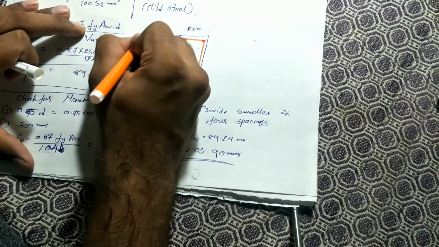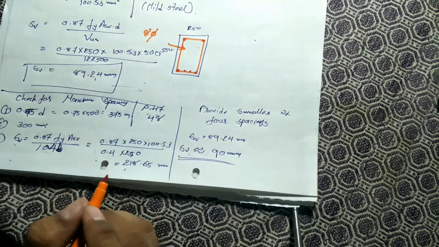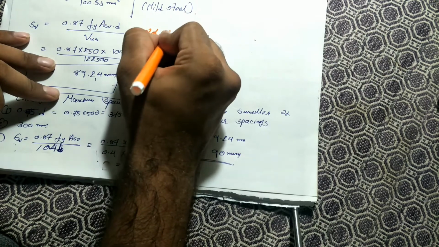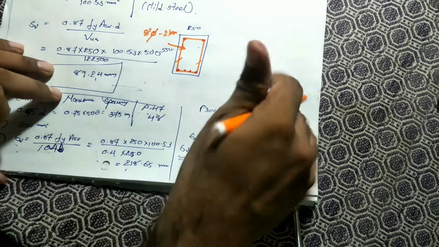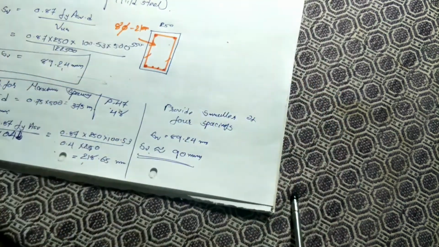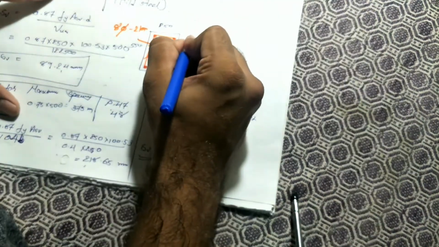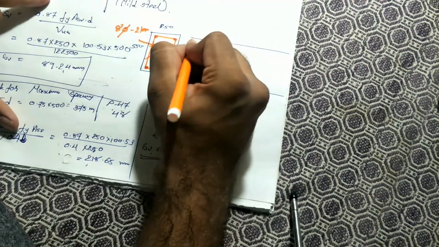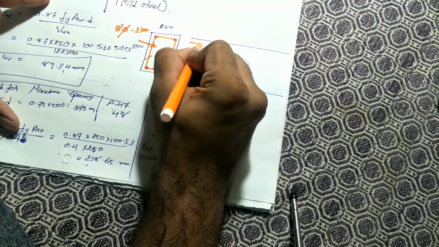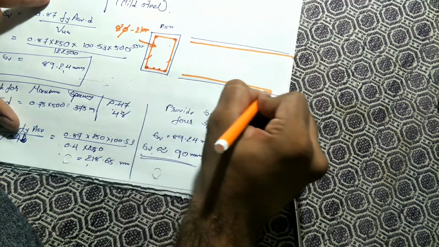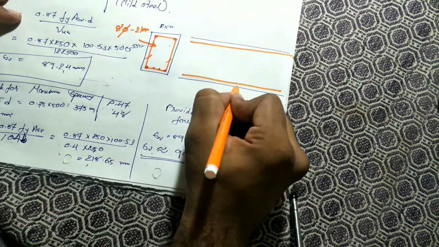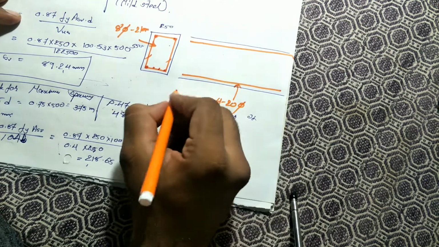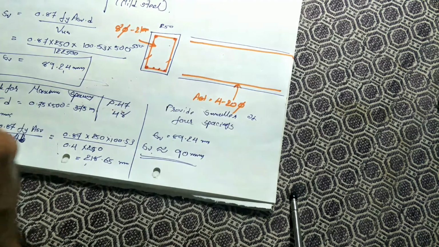This is your 8 dia stirrup, and this is 1 and 2-legged, so 8 dia 2-legged. Okay, if we draw a side view, this is my main steel. These reinforcements are 4-20 dia, the main tension steel.